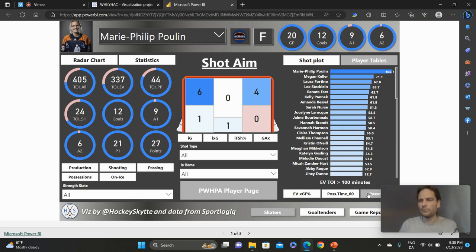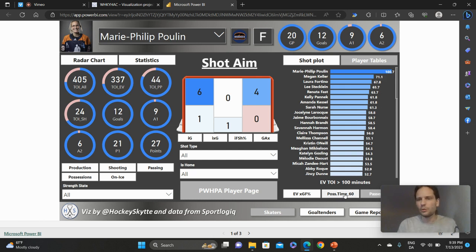Every 60 minutes of even strength time, she has 100.7 pass completions. That is almost 30 more than the number 2 on the list. So this is something where she really stands out from everyone else. She's completing more than 100 passes every time she plays 60 minutes of even strength time.